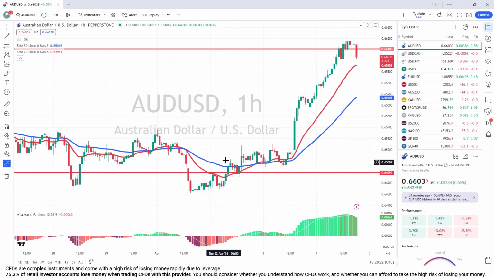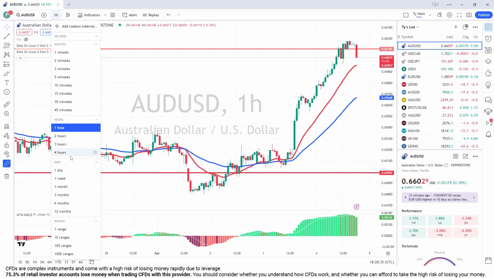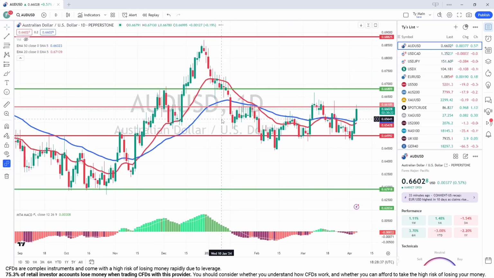But you can see, though, that the entry points were very clear. Once we actually did enter that trade from that 65 cent mark, the higher highs and higher lows were in progress already above the moving average, and you were able to get that in, and very clear target of the 66 cent mark. So good trading on the Aussie, and hopefully you're able to get that because it was a pretty short and sharp move straight into the resistance.